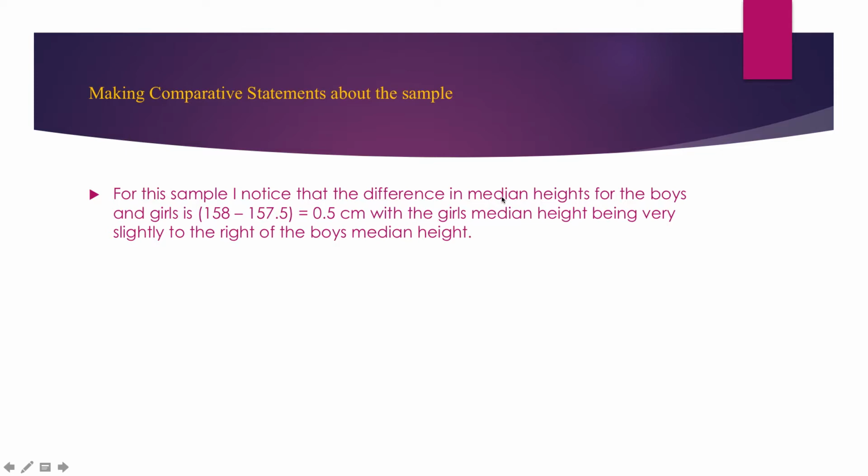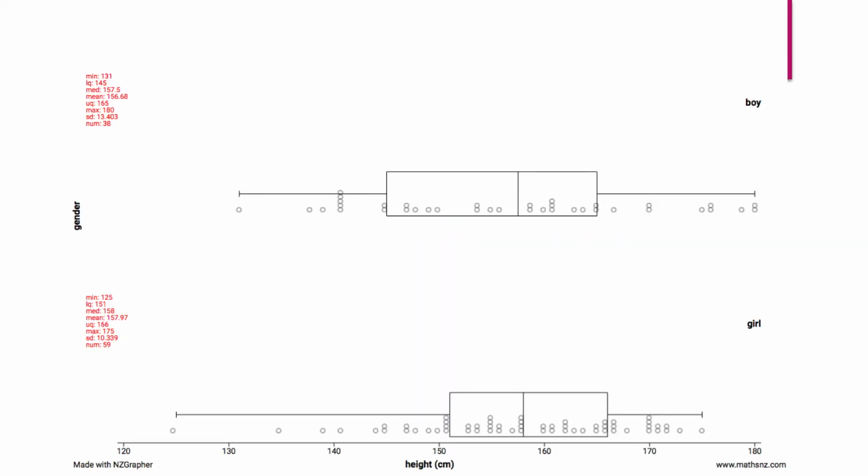Once we've got that, we can then go back and say the same about the means. So we note that the girls' mean height is 157.97, and the mean height for the boys is 156.68. Which again means the girls' mean is slightly higher than the boys', and is slightly to the right. It's also almost exactly the same as the median there, and there's a little bit of difference there.